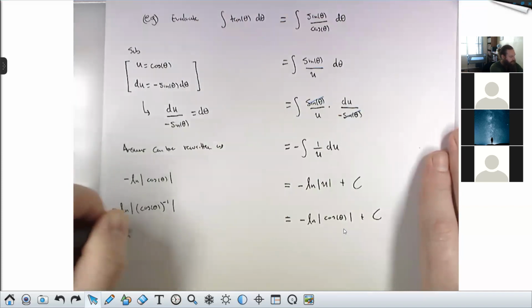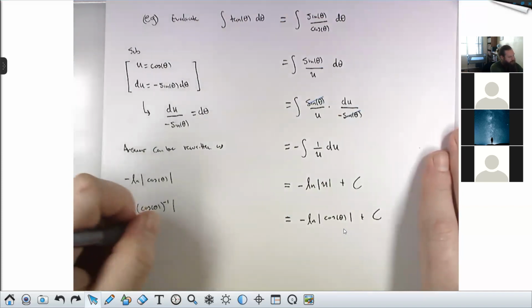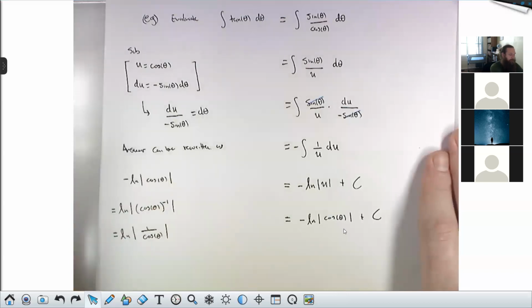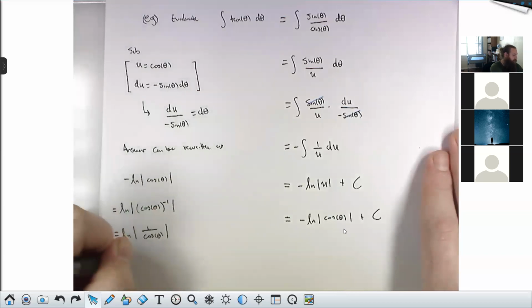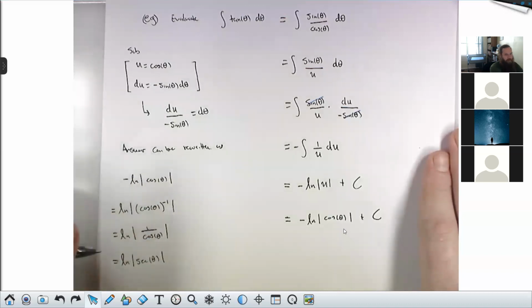So here we have the natural log of the absolute value of 1 over the cos of theta. And 1 over cosine is secant. So this is the same as the natural log absolute value of secant theta.